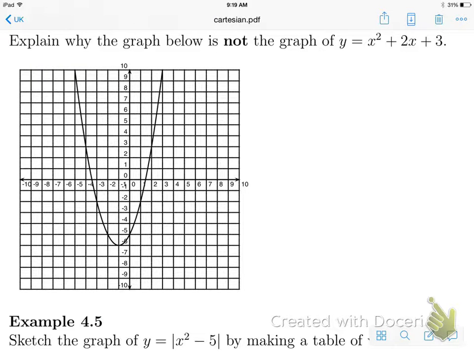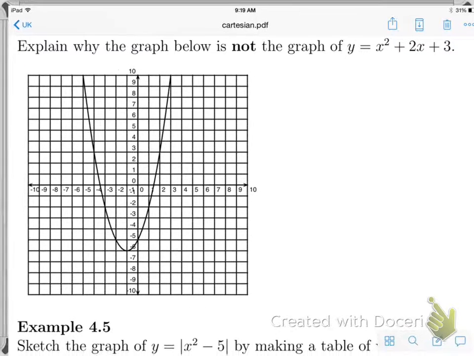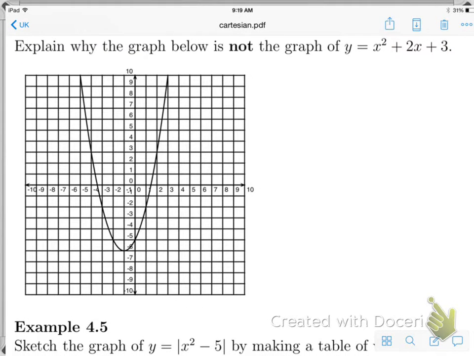Let's do one more example. This is from a set of notes I had on a previous course, so that's why all the extra stuff is there. But what I really wanted was this example here. So on this graph, we want to explain why the graph is not the graph of y equals x squared plus 2x plus 3.